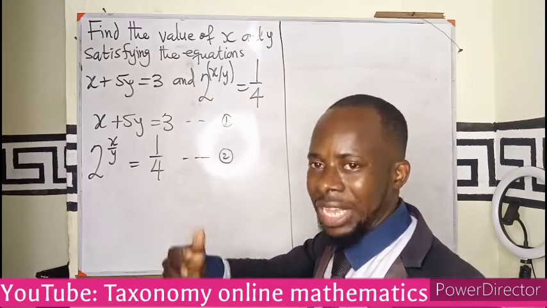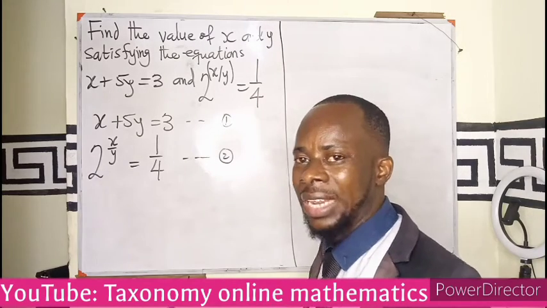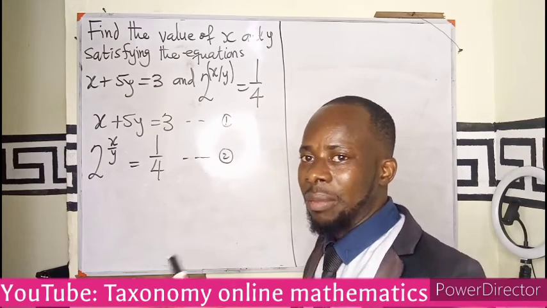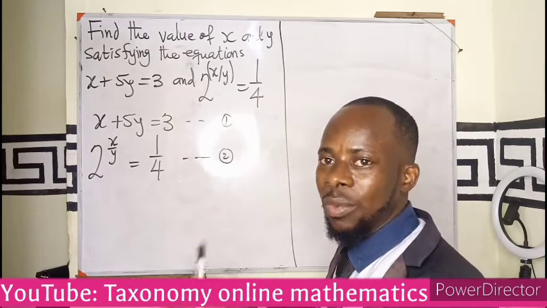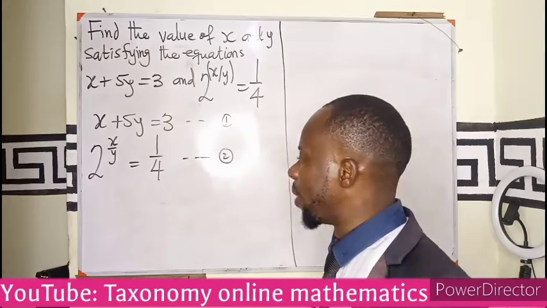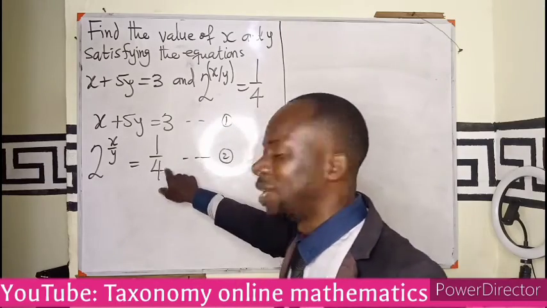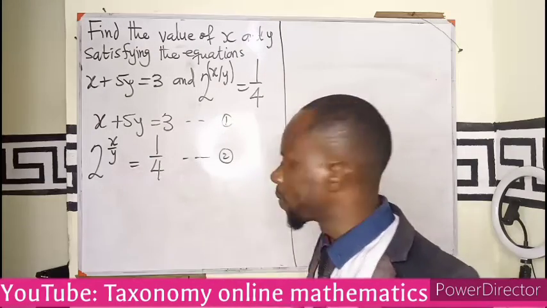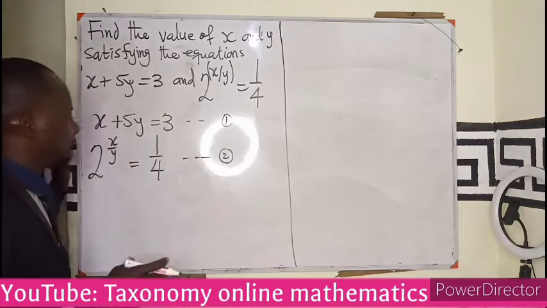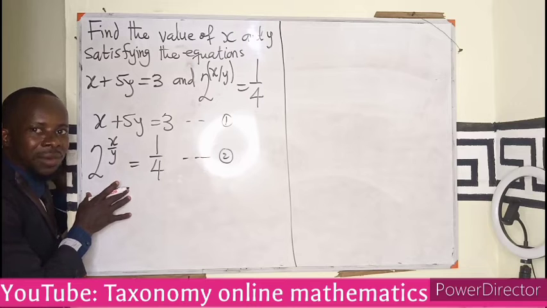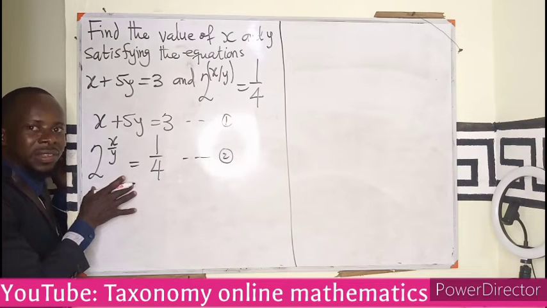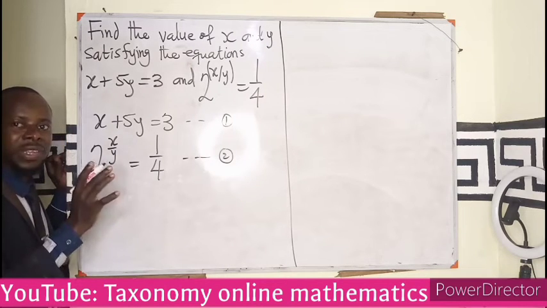Under indices we deal with base and exponent. If the base is the same, we deal with the exponent. If the exponents are the same, we take the base. So here we are going to break this into base 2. Taking equation 2, we solve this just as we solve indices.